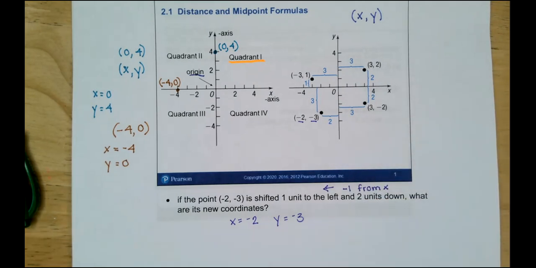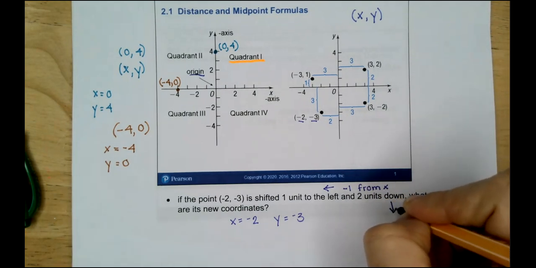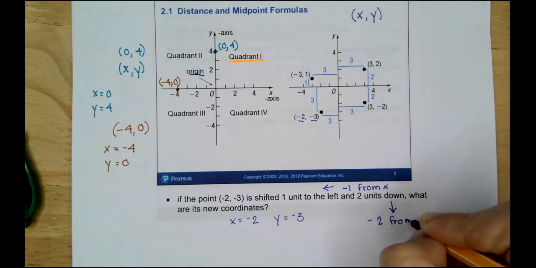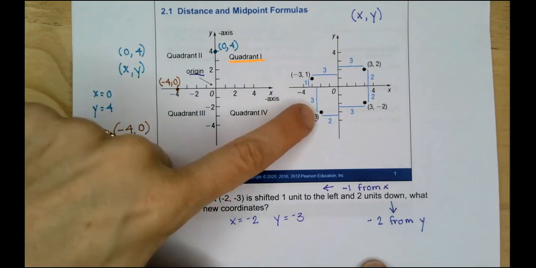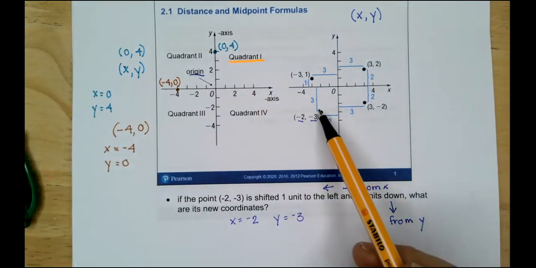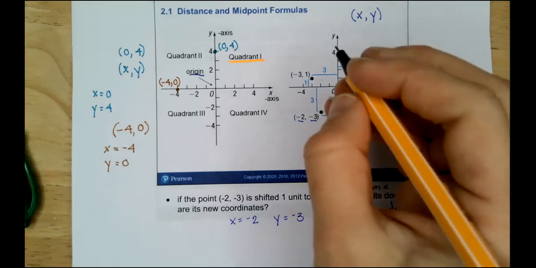And 2 units down means we're going to subtract 2 from our y value. You're welcome to just find it here and say, okay, it's at -2. If I shift it 1 to the left, I'm now at -3, right?